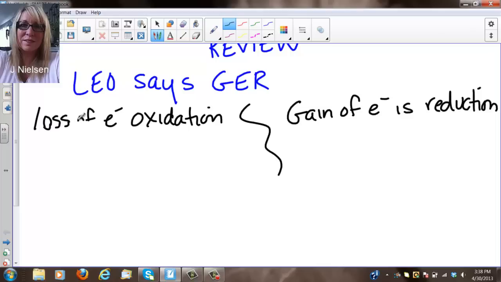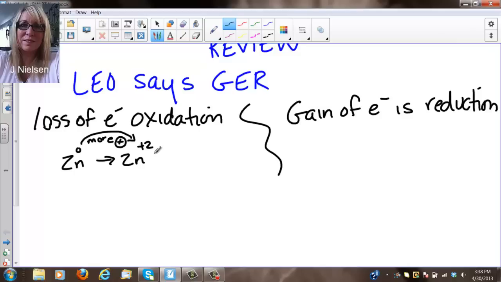And what happens to our oxidation number? Well, let's look at one example. If I have Zn 0 going to Zn +2, this is a loss of electrons. When I lose, I become more positive. 0 to +2 is more positive.